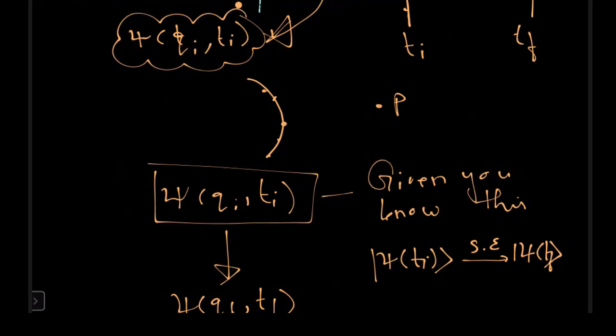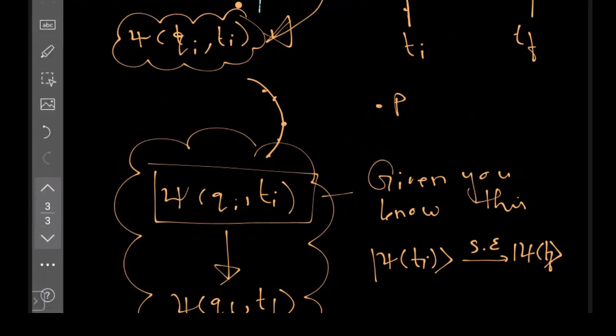But we wanted a recipe not just for evolution in time, but for evolution in both space and time. And that can only be given by a term called the propagator. And as we saw, the propagator looks like this: <QF| e^(-iHt/ħ) |QI>. Look, the Hamiltonian is coming here. So the Hamiltonian is going to decide what the propagator is going to be.